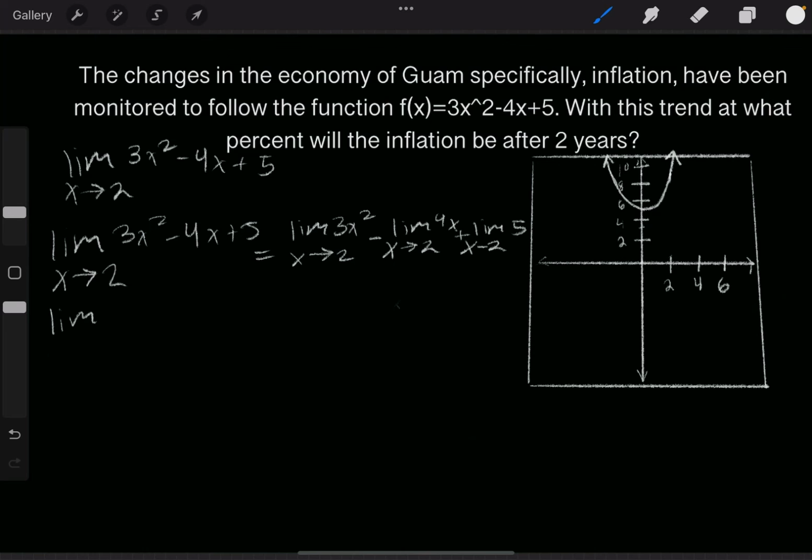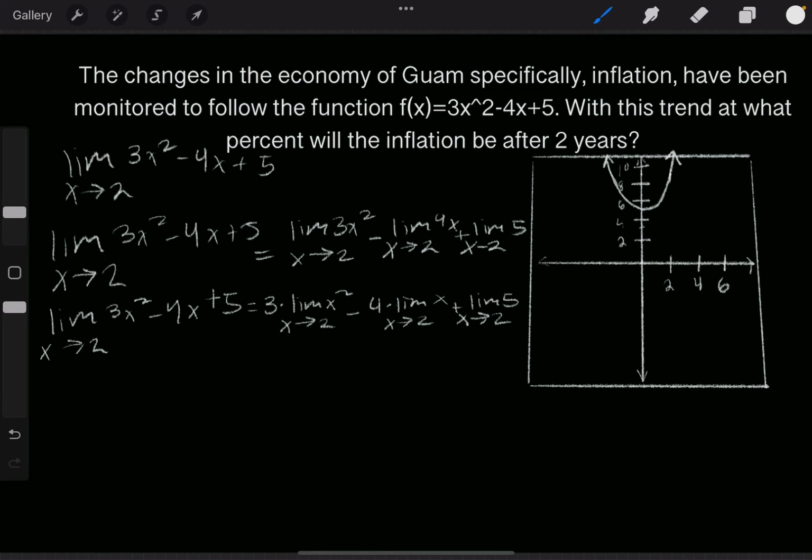So the limit as x approaches 2 of 3x squared minus 4x plus 5 is equal to 3 times the limit of x squared as x approaches 2, minus 4 times the limit as x approaches 2 of x, plus the limit as x approaches 2 of 5.